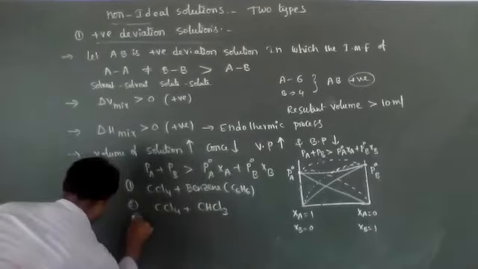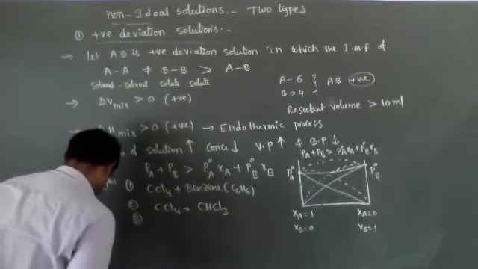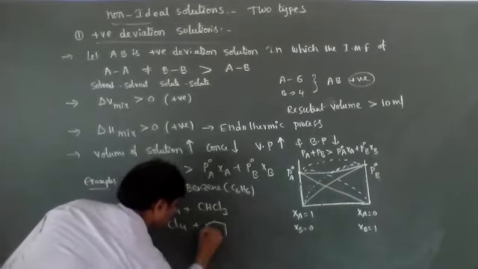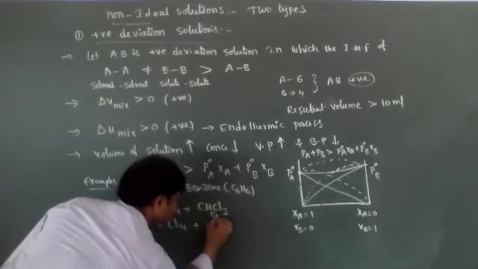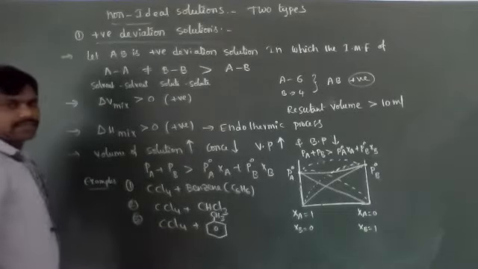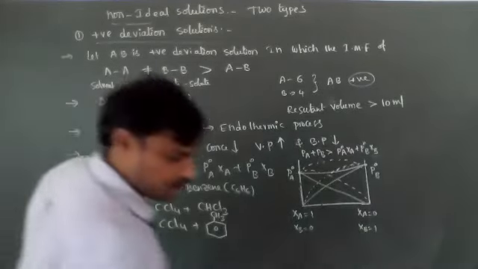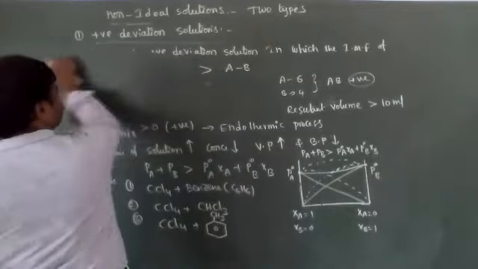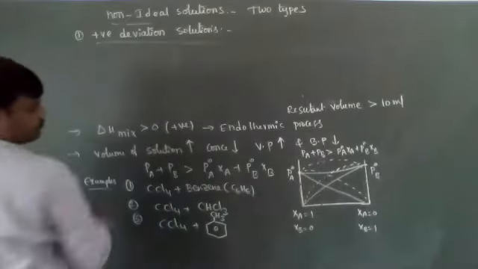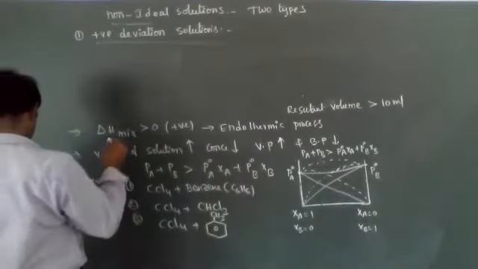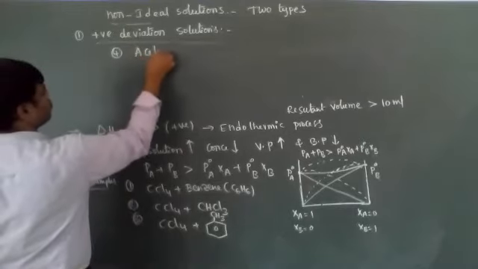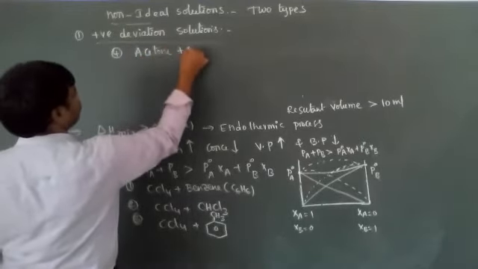The third one is carbon tetrachloride plus toluene. Toluene means methyl benzene. Still some more examples of positive deviation solutions: acetone plus benzene.